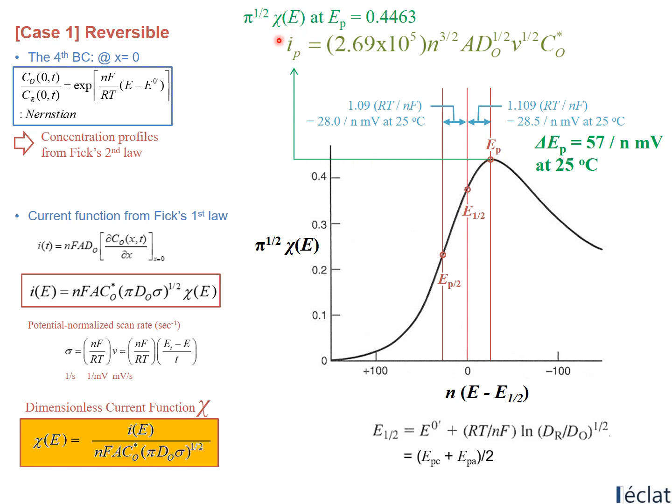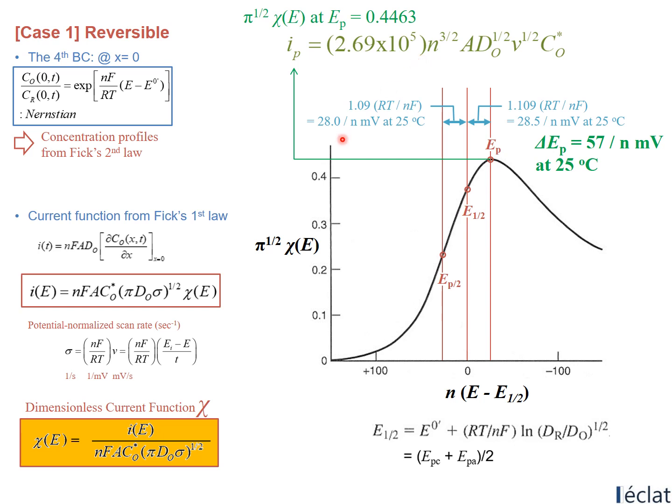Let me think about the peak current first. Right now, the peak potential is fixed around here. It means the peak current is proportional to the first term, I mean the first term, which is the potential independent, right? And the chi value goes to some constant at this specific potential value.